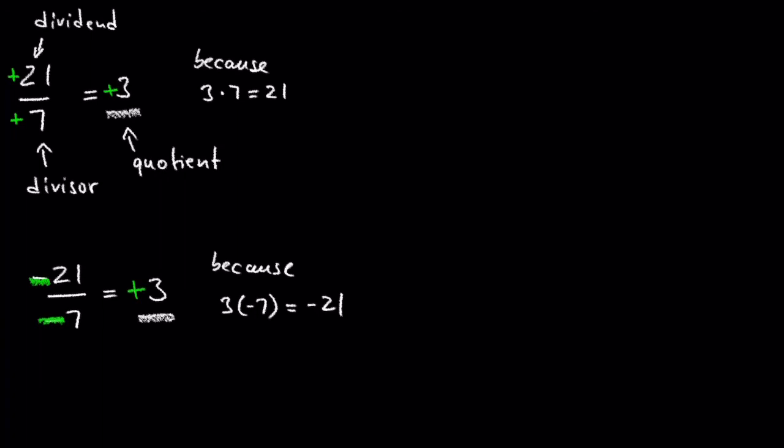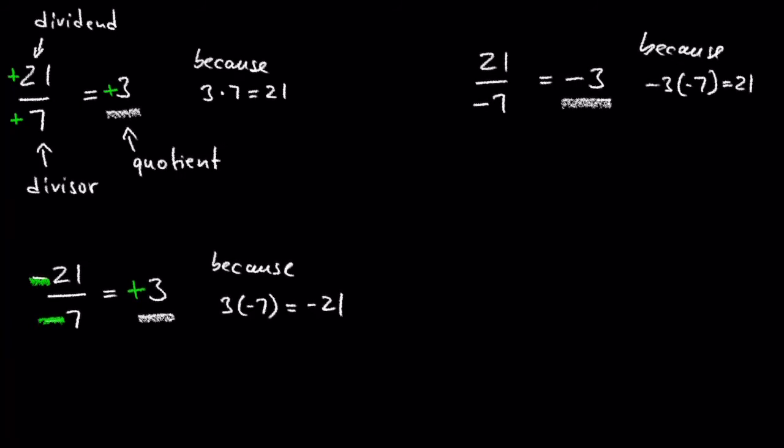Let's look at the other two cases. 21 divided by negative 7 is equal to negative 3. Because negative 3 times negative 7 is equal to 21. Different signs. The answer is negative.